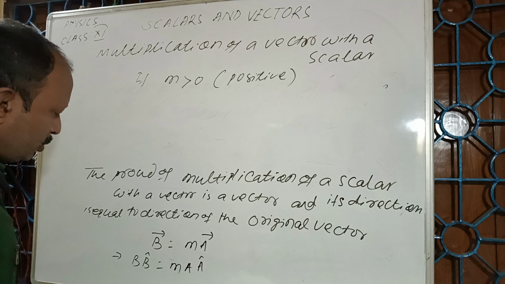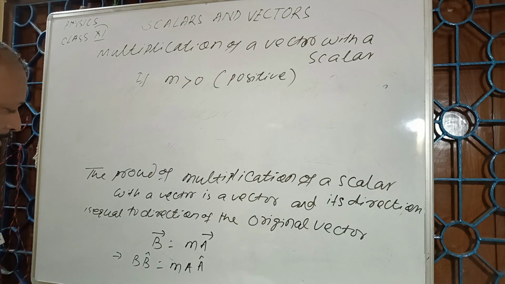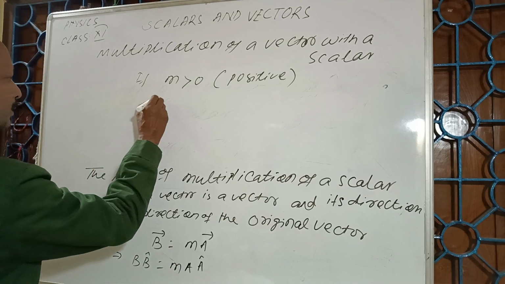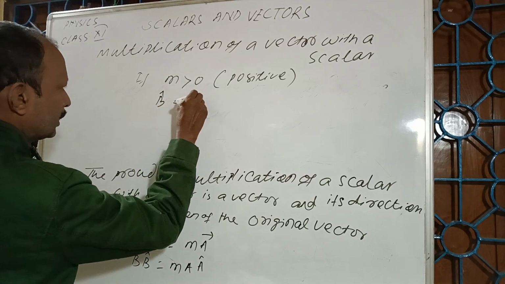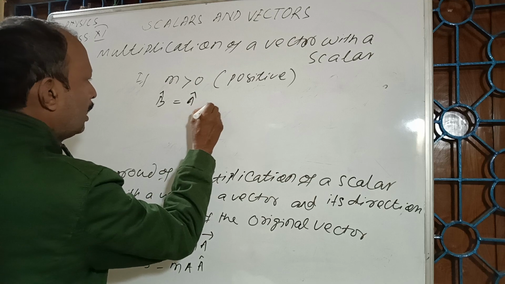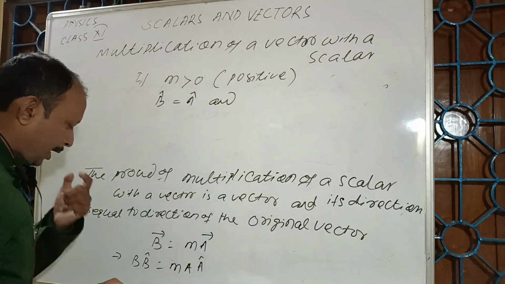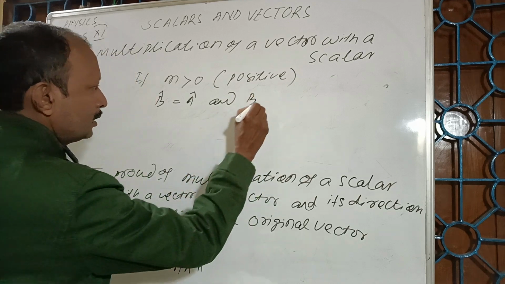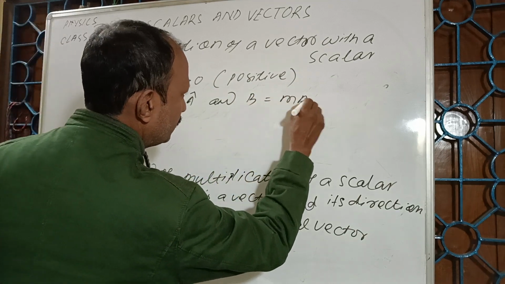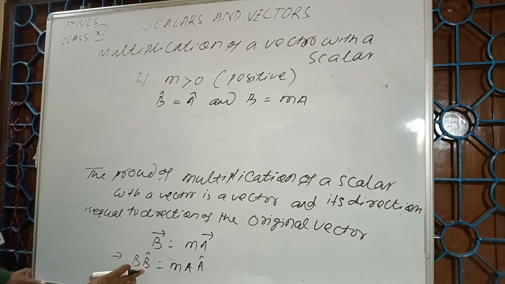If M is positive, in this case I can write that direction of B is equal to direction of A. At the same time, I can write that B is equal to M into A. See here, direction equal to direction, here magnitude.